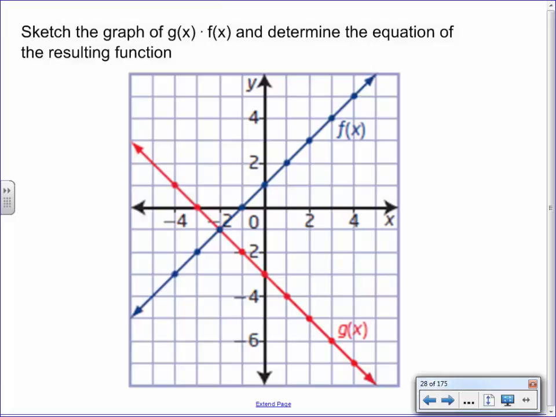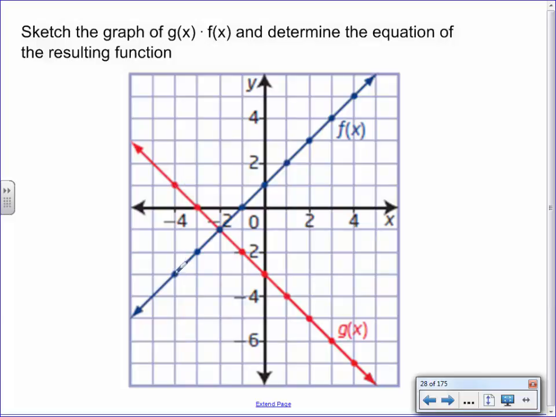Okay. Let's move to something more challenging then. Now I want to multiply them. Because obviously add and subtract are fairly straightforward at this point. What happens if I multiply? Again, for consistent inputs, take the outputs and multiply them. So right here, I've got a 1 and a negative 3 being multiplied.